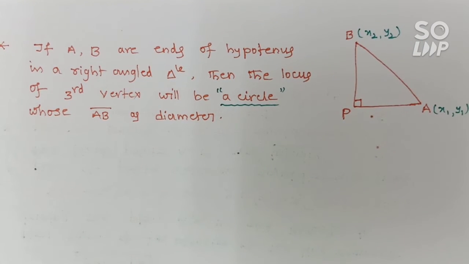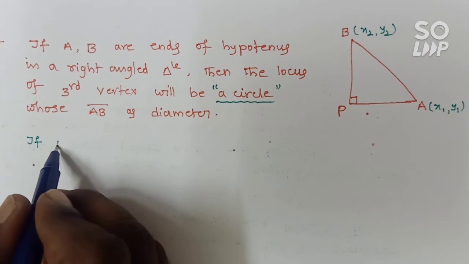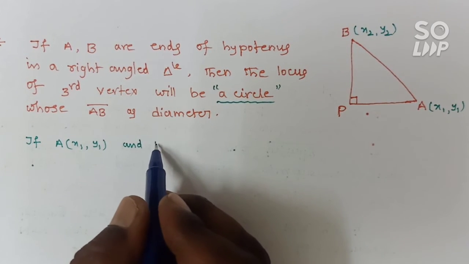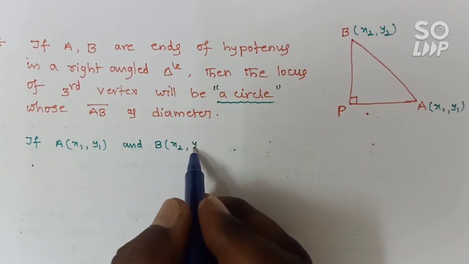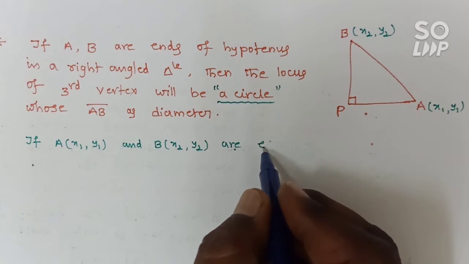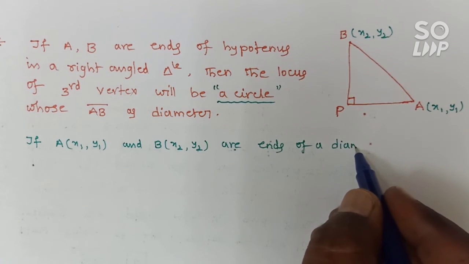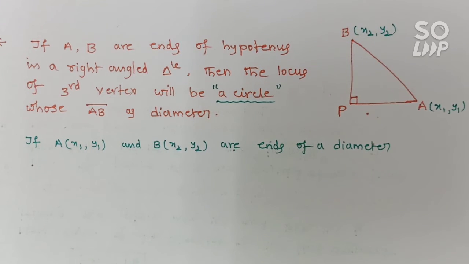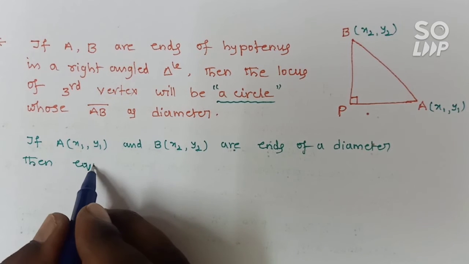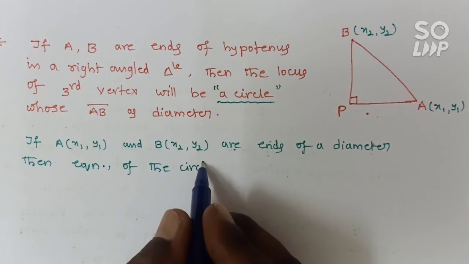So here you can say that if A is x1, y1 and B is x2, y2 are the ends of a diameter, then how can we find the equation of the circle?